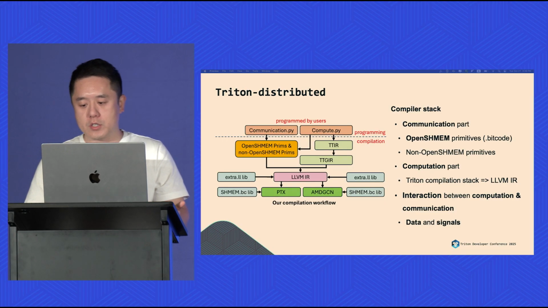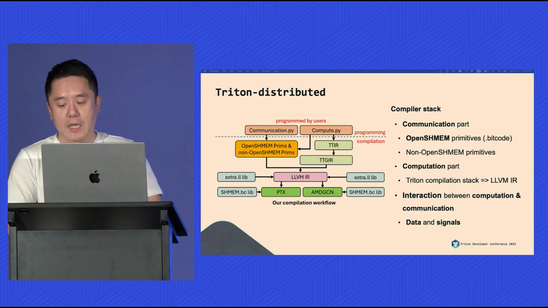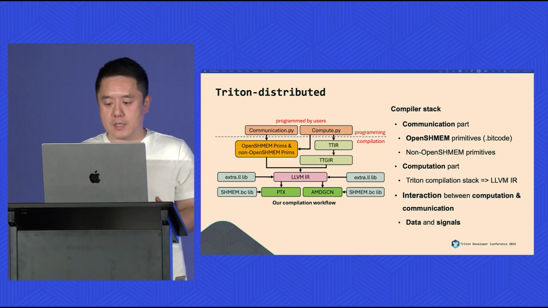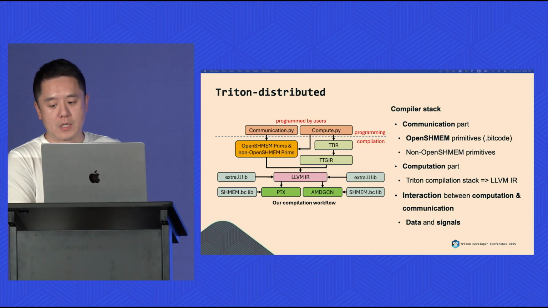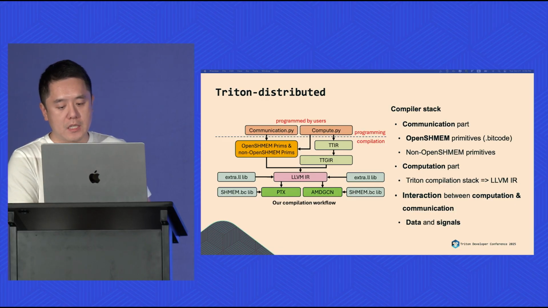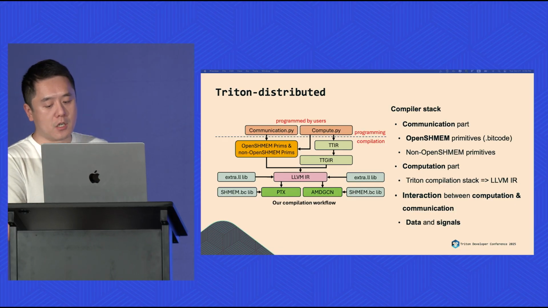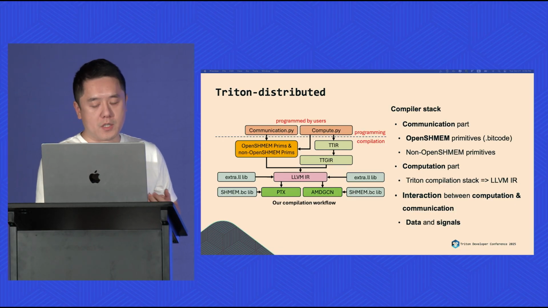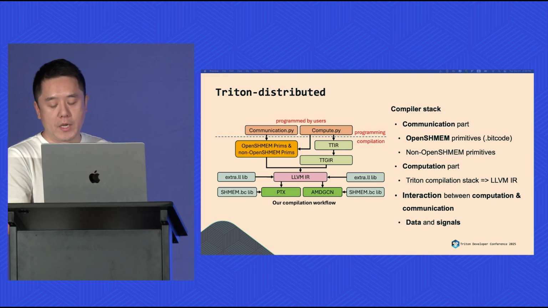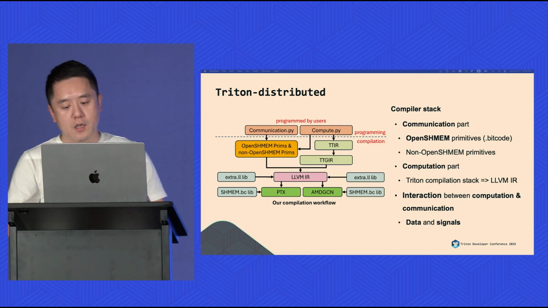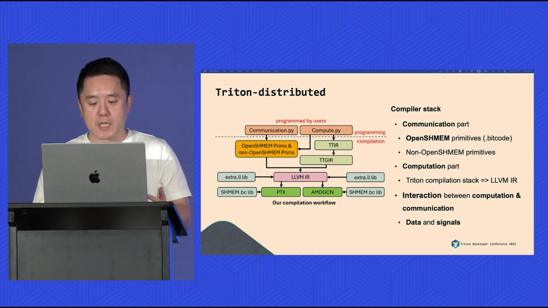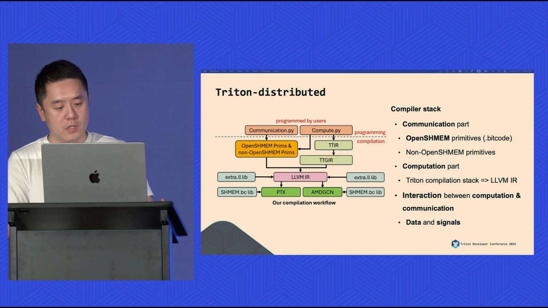Finally, PTX or GCN are generated and executed on the target accelerators. Note that we conceptually separate the communication and computation parts, but in real life, they interact. For example, in a computation kernel, you may want to issue some communication, or you may want to wait for some data transfer from another GPU. This is achieved through data or signals, and we will detail that later.